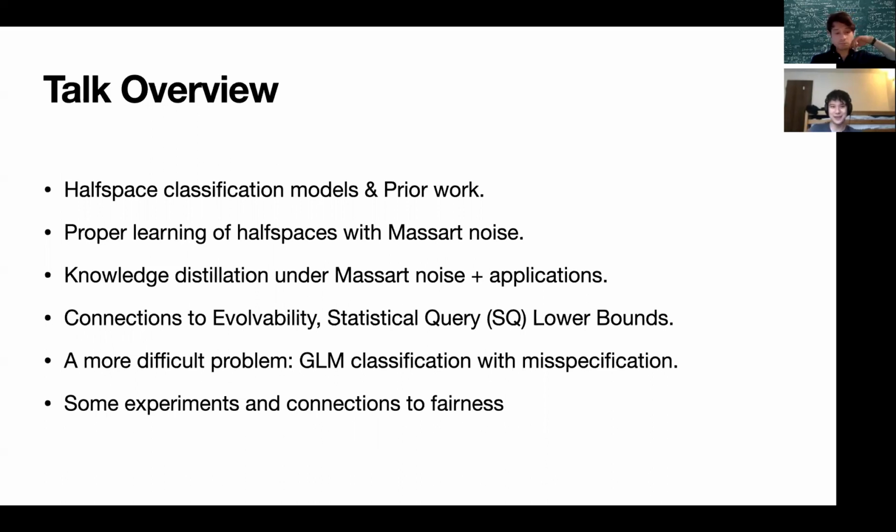Fourth will be about basically the opposite of algorithms, lower bounds, and it involves connections to this notion of evolvability in learning theory introduced by Valiant. Fifth, we'll go beyond half-spaces with Massart noise and study a more difficult problem and give an algorithm for that setting. And finally, we'll have some experiments and discuss a bit connections to fairness. Okay, so let's get started.